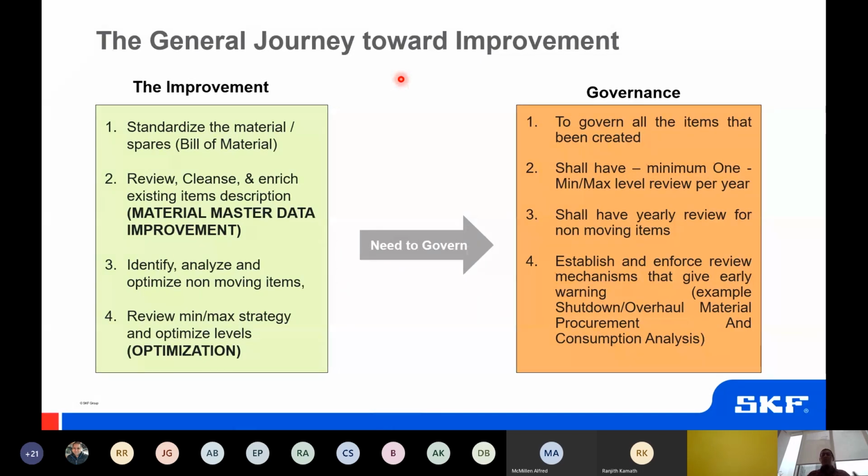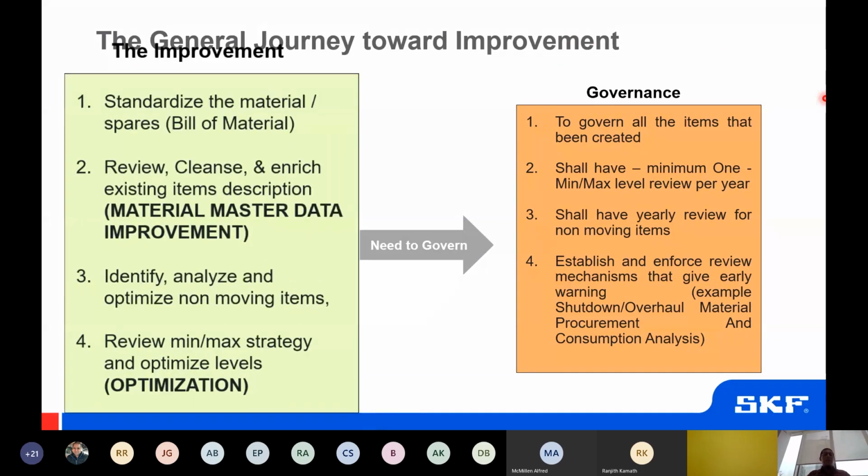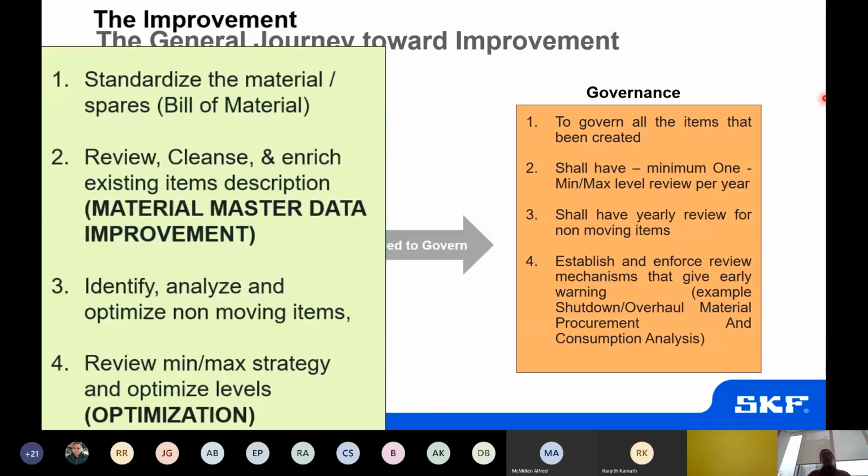So these four areas can be considered in your organization as well. Just to highlight, we are going to talk more on number 2 and number 4.